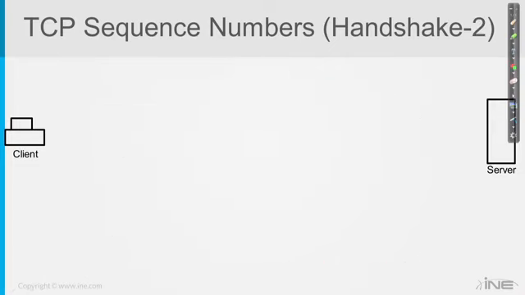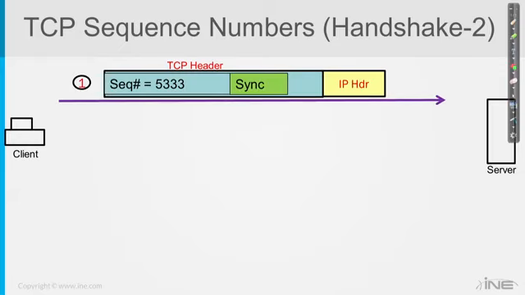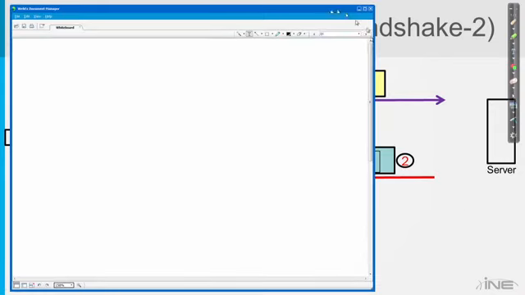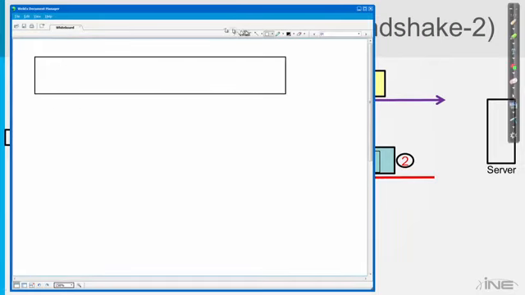Let's see another example of this. So let's say, for example, that in my TCP SYN, I start out with a sequence number of 5333. Well, the server's going to say, okay, I expect 5334 next. Now let me just pause here for just a minute. Let's say currently, I don't know what segment this is. Let's just say this is segment number 134.